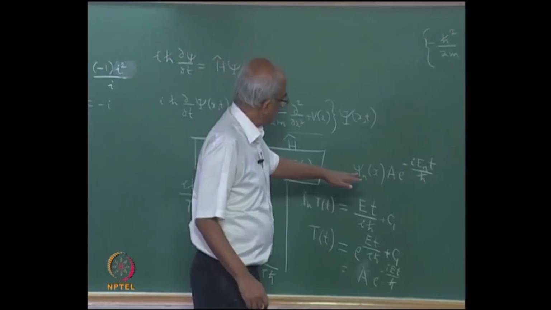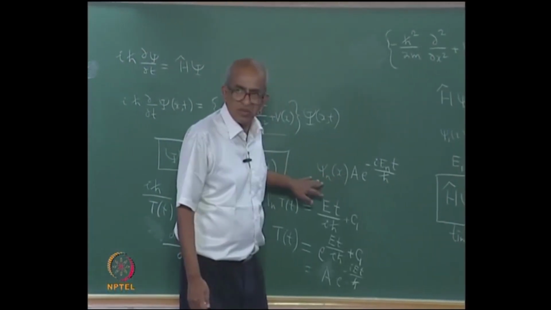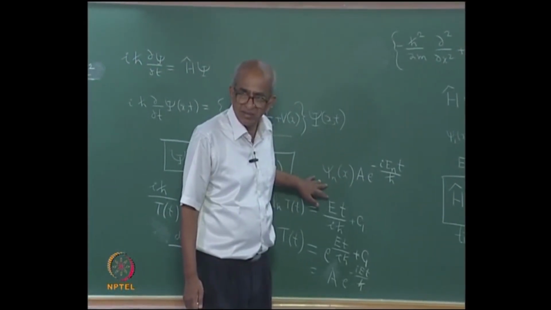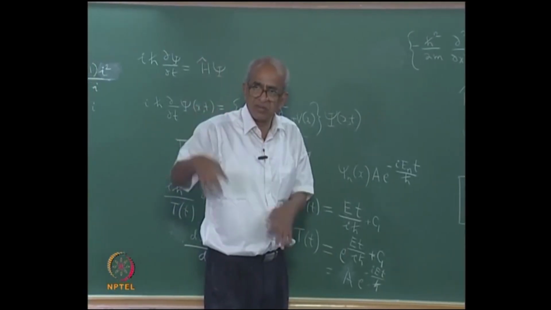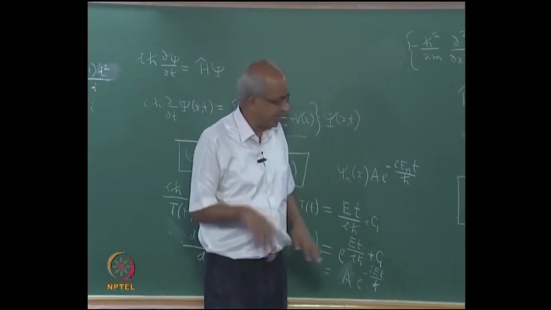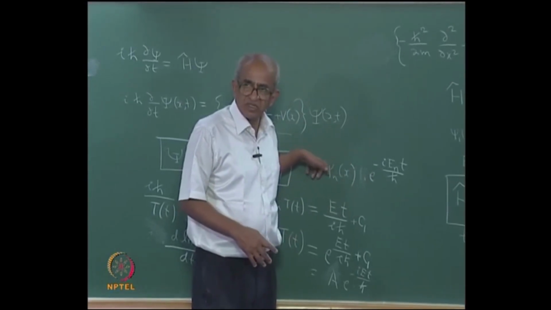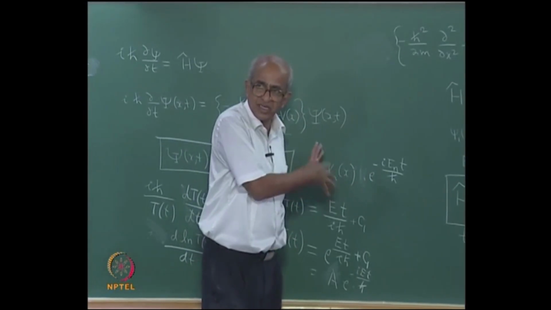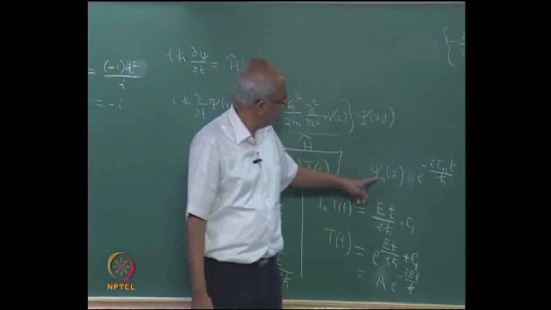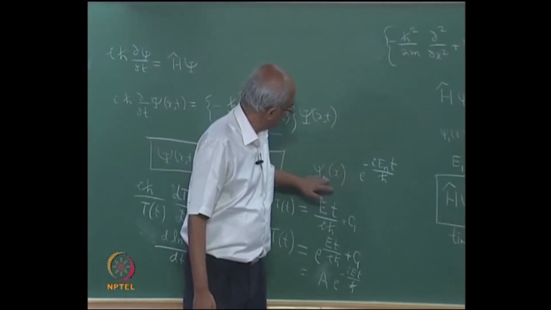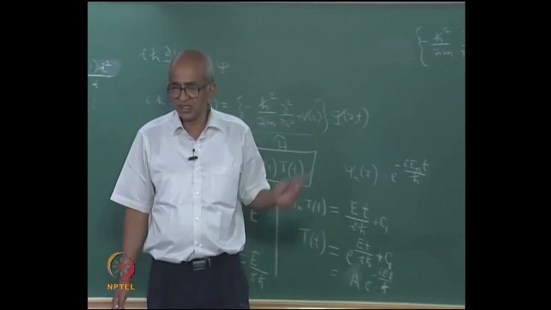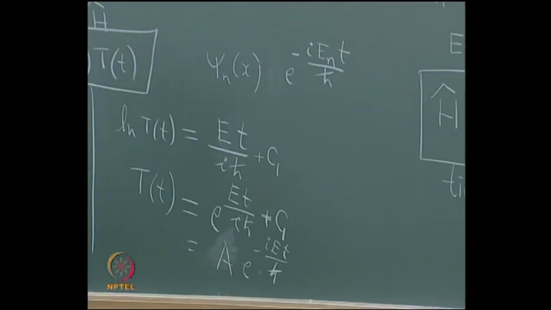So, this A I am going to absorb into my psi n, because eventually you will have to multiply psi by a suitable constant. So, we can just say it is absorbed as a part of this psi n, and therefore, from now on we will write the solutions as psi n into e to the power of minus i E n t by h cross.